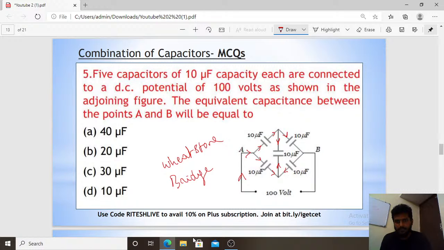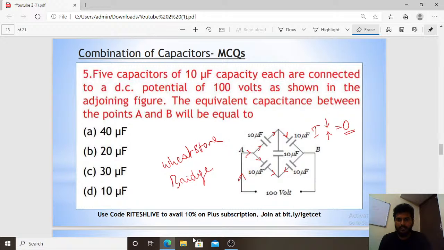But in this line, the currents are opposite to each other, so the net current will be zero in this circuit. So neglect this. Only these four are remaining, and try to get the answer.